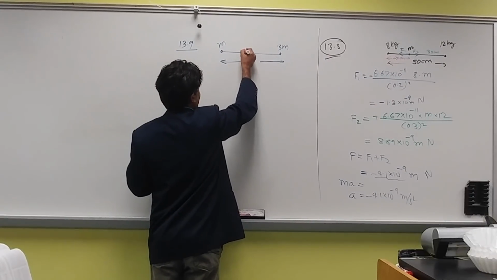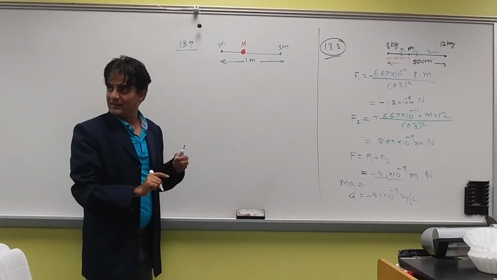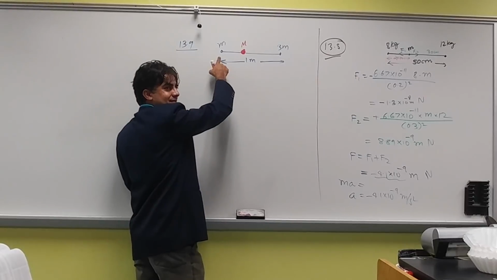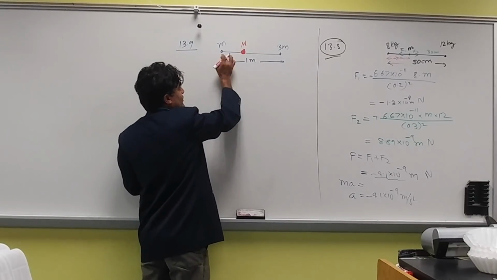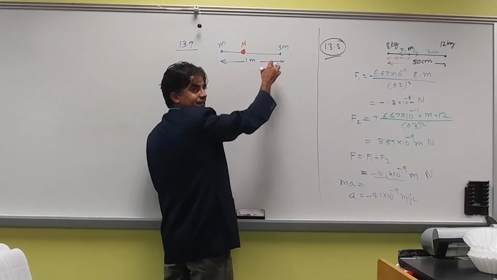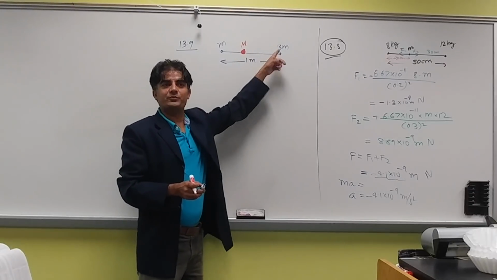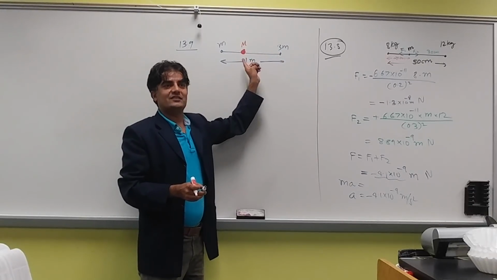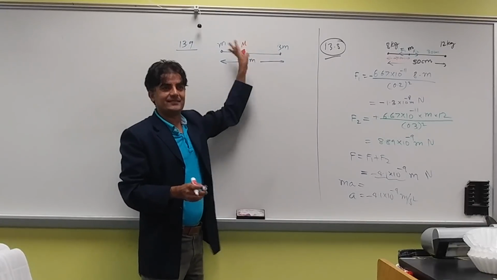Since this is the small mass, this big M must be closer to the small mass. Then the force this side and this side can balance: the big mass has more force, but since the distance is more, it can be balanced.